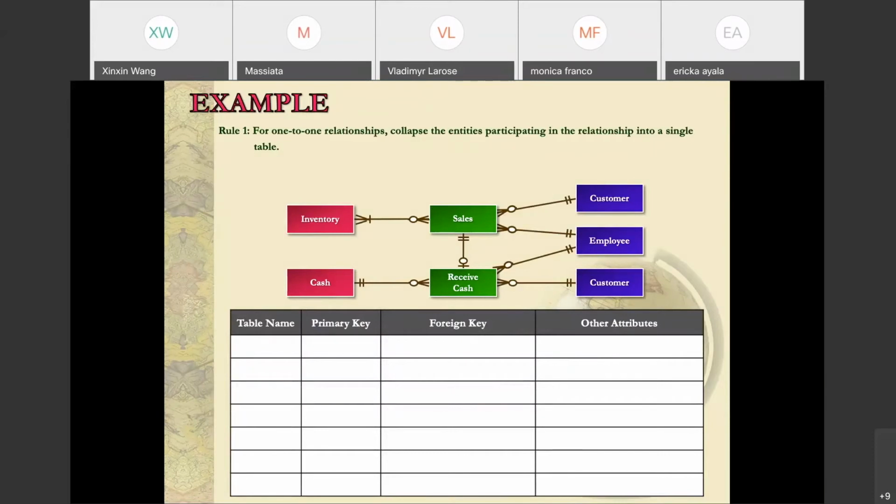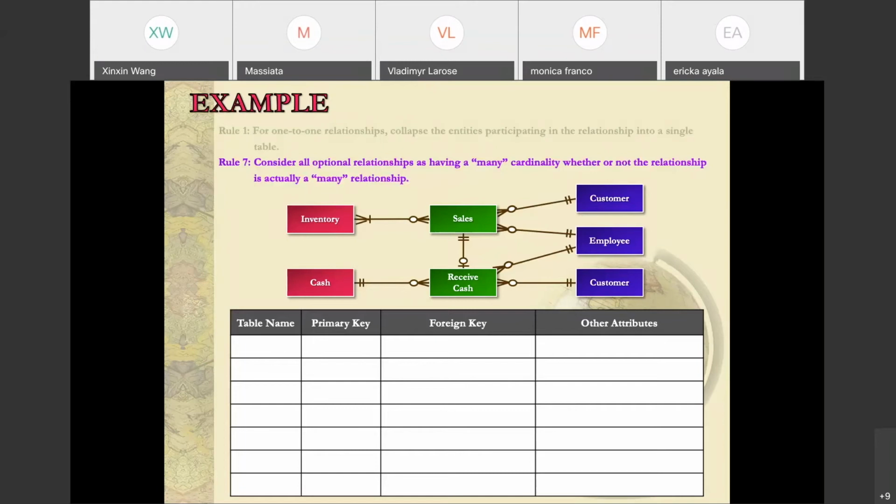So first, one-to-one relationship. Do we have a one-to-one relationship in this? Actually, no, right? Then rule number 7: consider all optional relationships as having a many cardinality, whether or not the relationship is actually a many relationship. Okay?